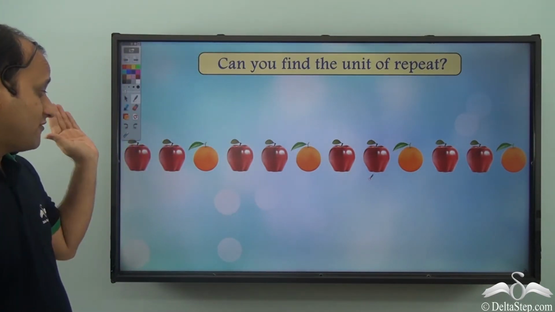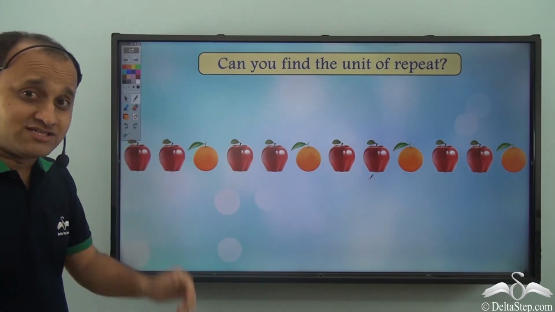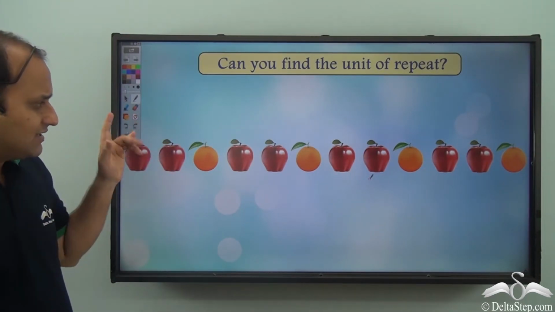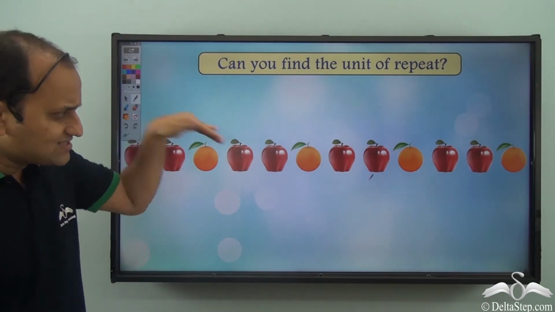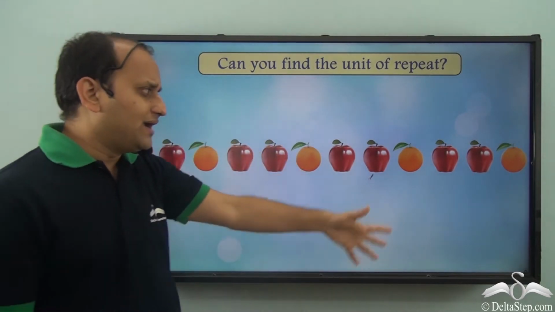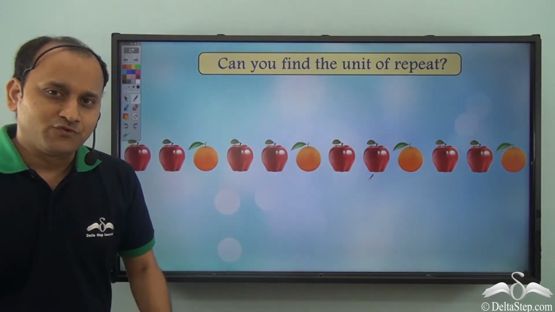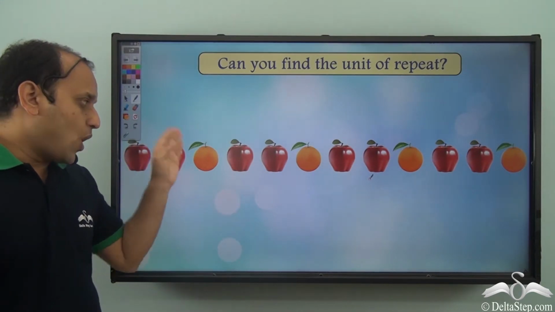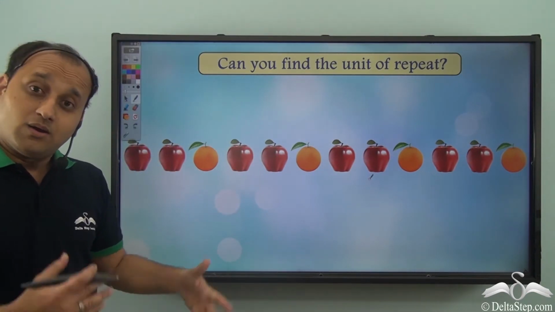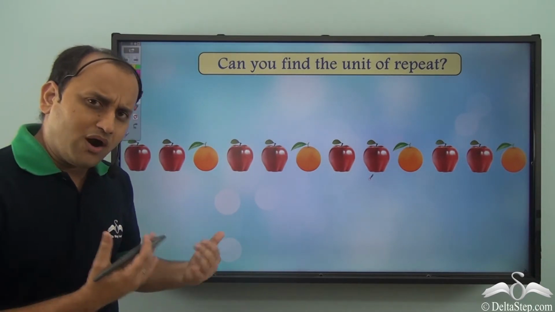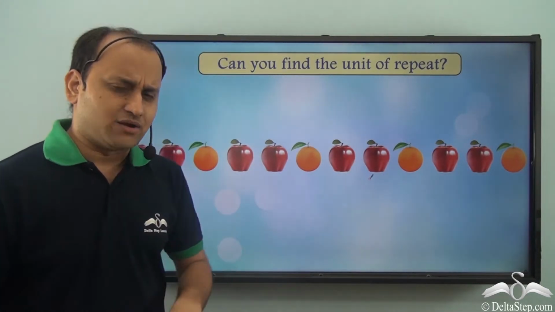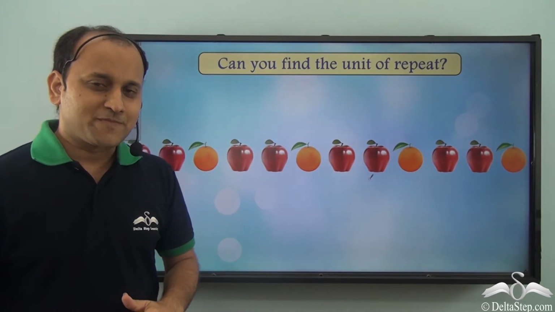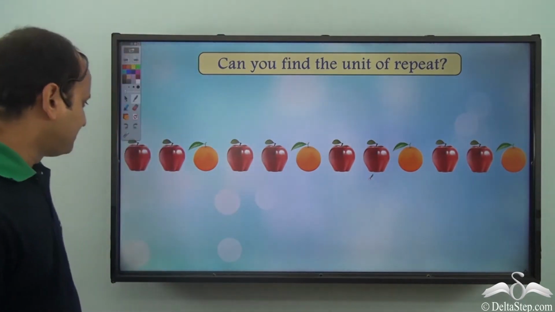Well, I have only apples and oranges in this case, and they are repeating. But what is the pattern? What is the unit of repeat in this particular case? What do you think? Is it apple and orange, or is it orange and apple, or both of them alternatively? What exactly is the unit of repeat? What do you think? Well, let's see.